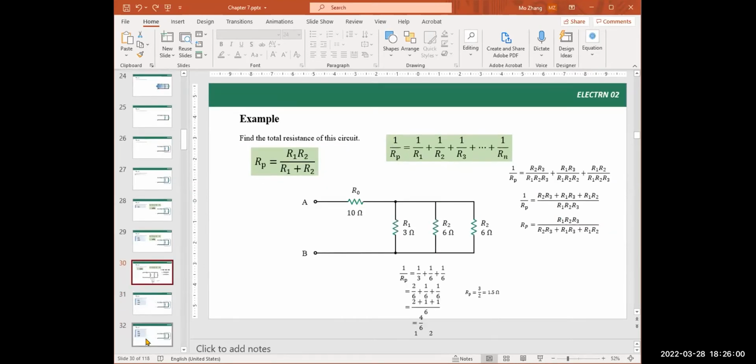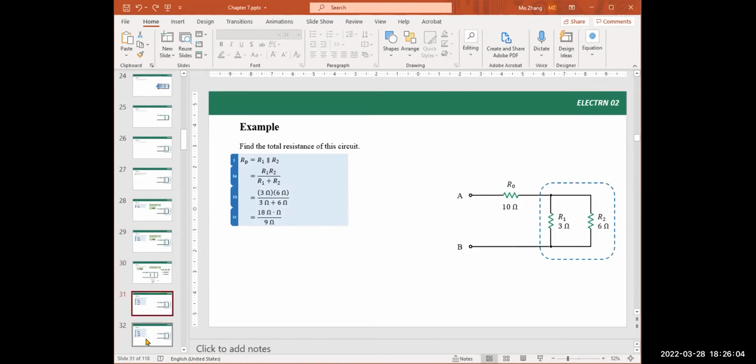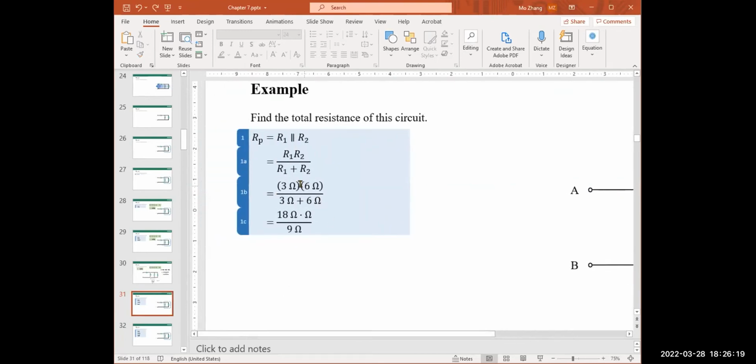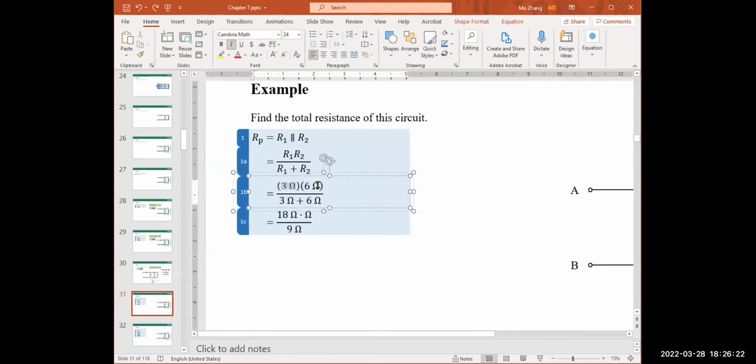So here, what happened? Okay, so I suggest we don't worry about a unit. Do not worry about a unit because that does nothing besides confusing us. We know for every number, the unit is ohm, and we are finding the total parallel branches resistance.